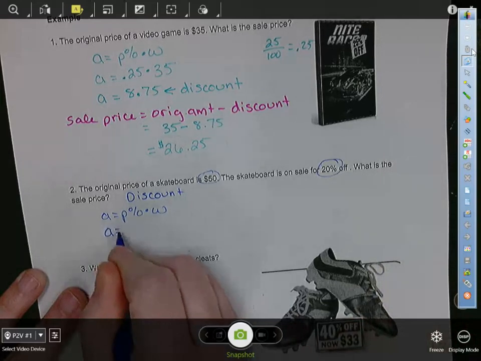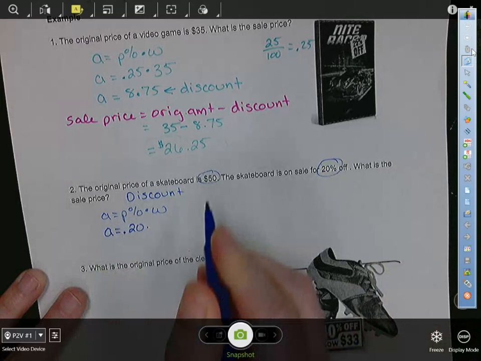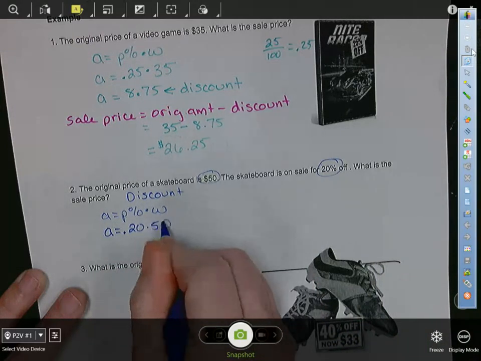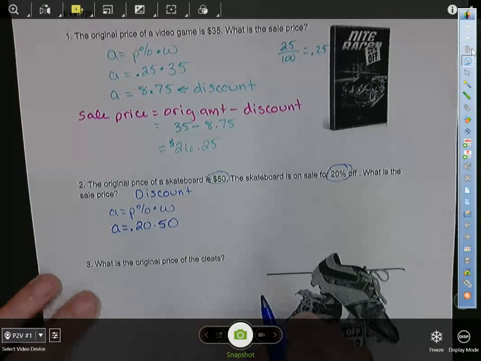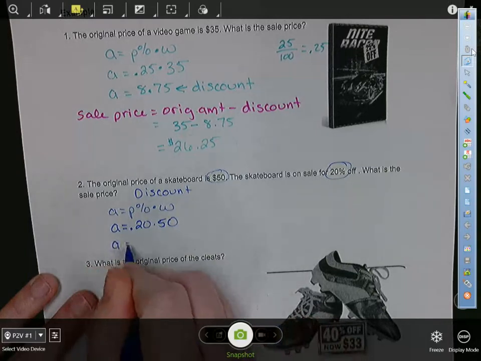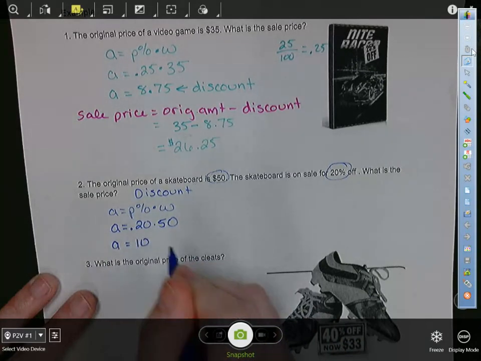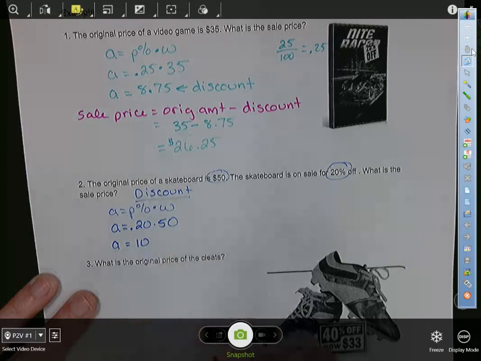Yeah, so it's 0.20. So we get A equals 0.20 times the whole amount, which is $50. Okay. All right. What's 0.20 times 50? All right. So yeah, it's $10. So that means my discount is $10.